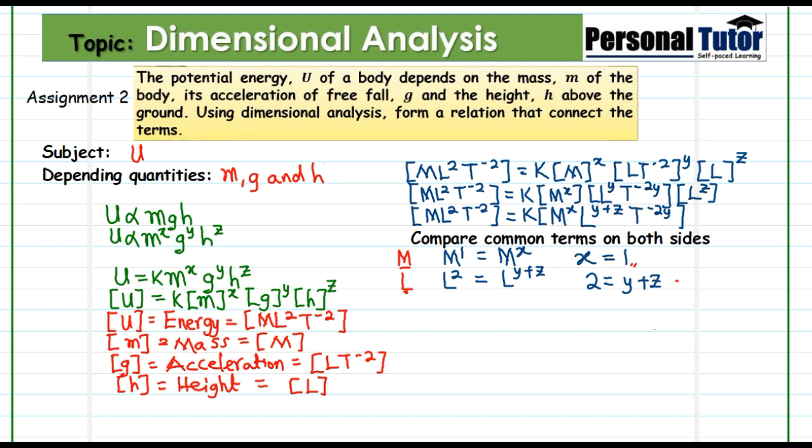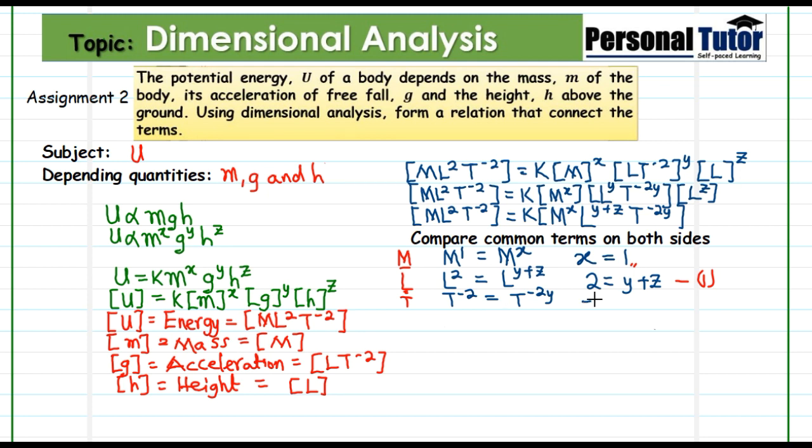Let's refer to this equation as equation 1. Considering the T, on the left hand side, T carries negative 2. On the right hand side, T carries negative 2Y. From this context, we can also say the exponents are equal since the bases are the same.